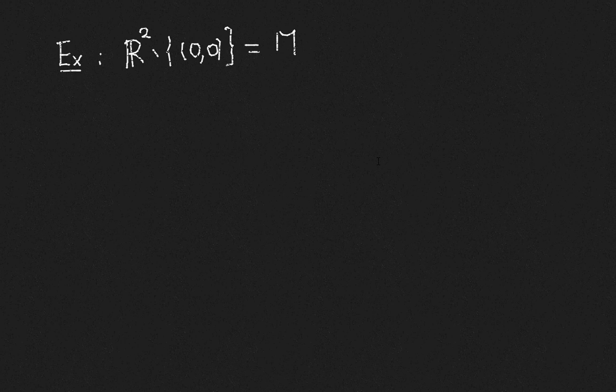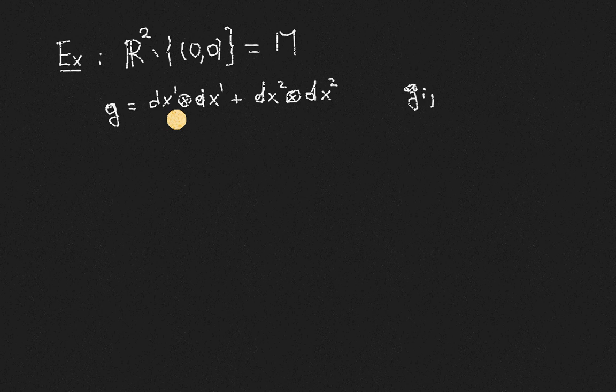And you define a metric G, where Gij is just delta ij, so it's the identity metric. So this is the Euclidean metric.